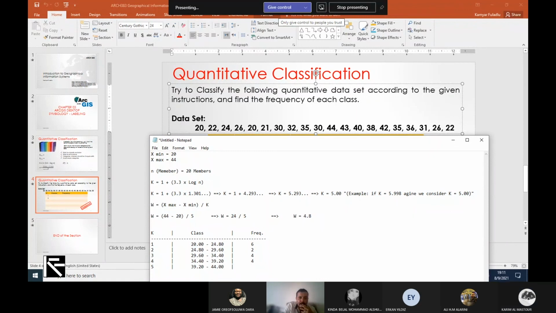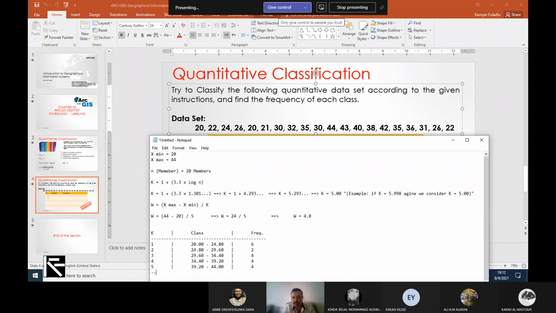Correct. And after that, from 40, because we consider 39 here, to 44, in fact everything more than 40, we have 1, 2, 3, and 4, I think.